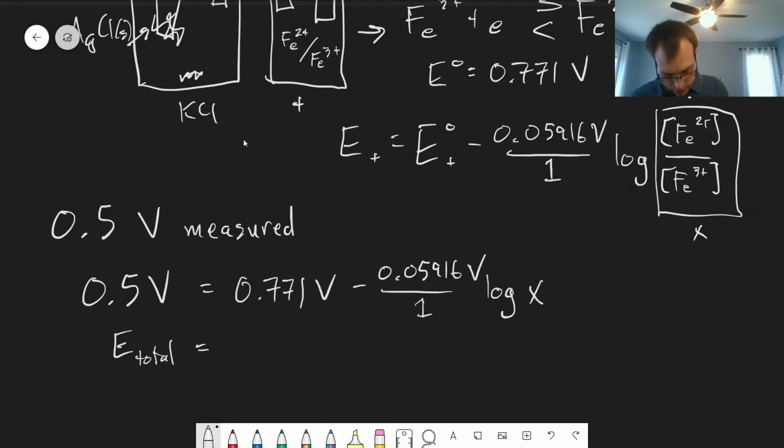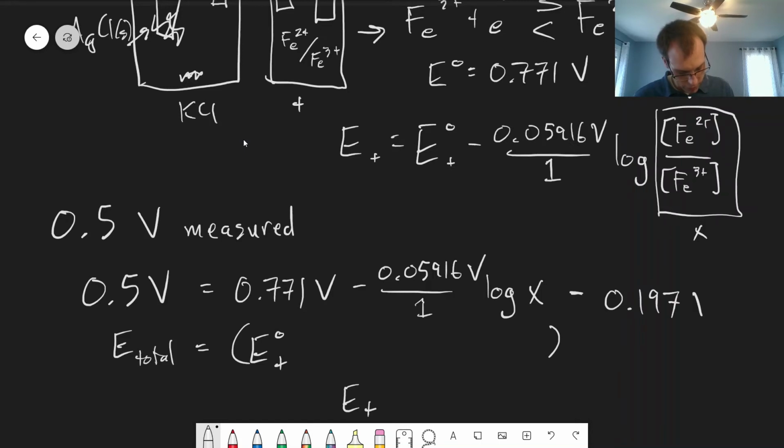All right, and so just to keep track of what all these are, this is E naught for the positive terminal for that iron 3 reduction, and then the extra terms here from the Nernst equation. And then we'll subtract, right, so overall this is just E plus. And then we'll subtract E minus, which we know is 0.197 volts.